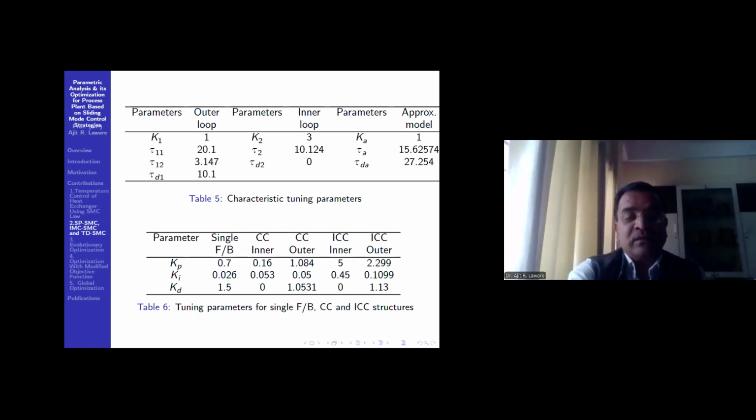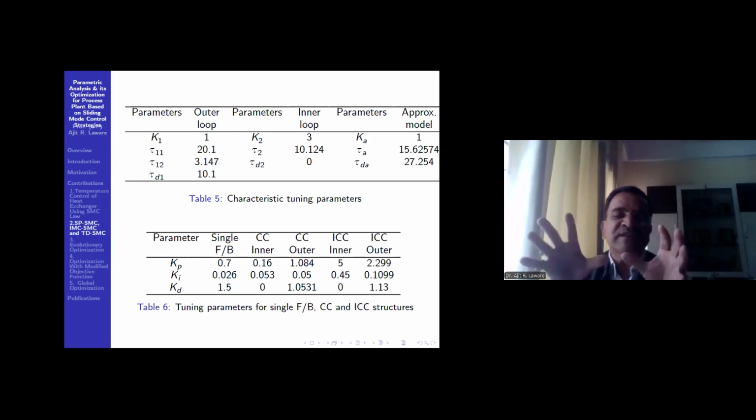Different tuning parameters for single feedback, CC meaning cascade control, and ICC meaning improved cascade control structures. So I am comparing single feedback, then cascade control, then improved cascade control, where the inner and outer loop SMCs are implemented.